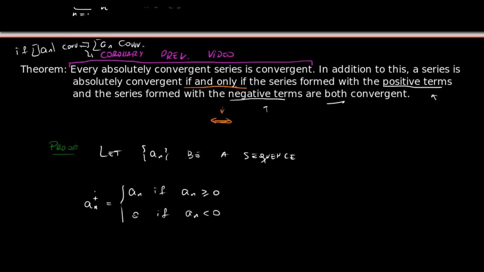So we have a sequence formed with all the positives and the zeros, and a sub n with a minus sign is going to be 0 if a sub n is greater than or equal to 0, and a sub n if a sub n is smaller than 0. So here we have all the negatives and the zeros from a sub n.